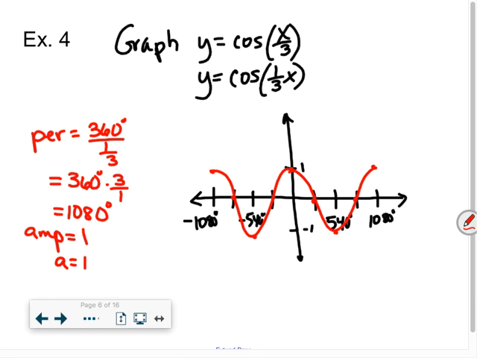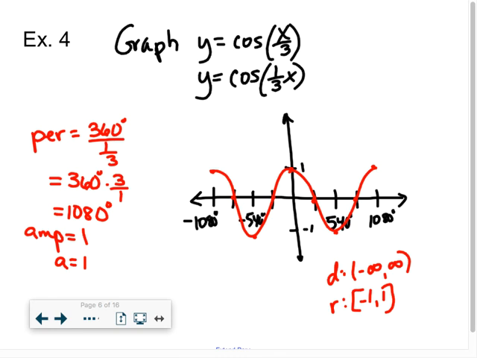I got 6 times, so like I would get 6 of the cosine 2x's just in one period length here. Does that make sense? Even though the way that we're doing this makes it look like they're the same, they are actually very far from the same. So the domain is still negative infinity to infinity, and the range is negative 1 to 1.